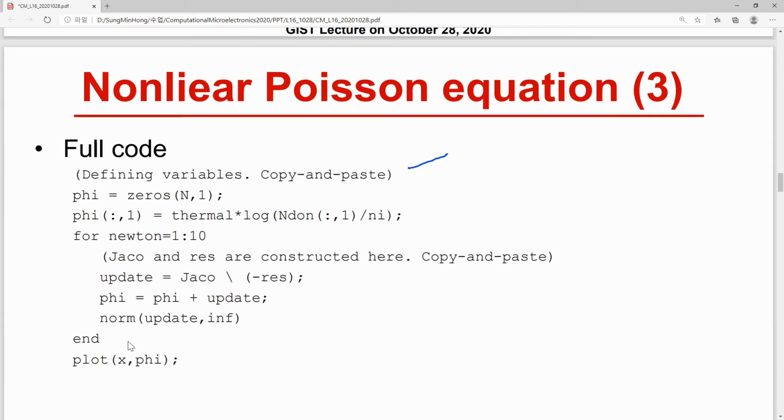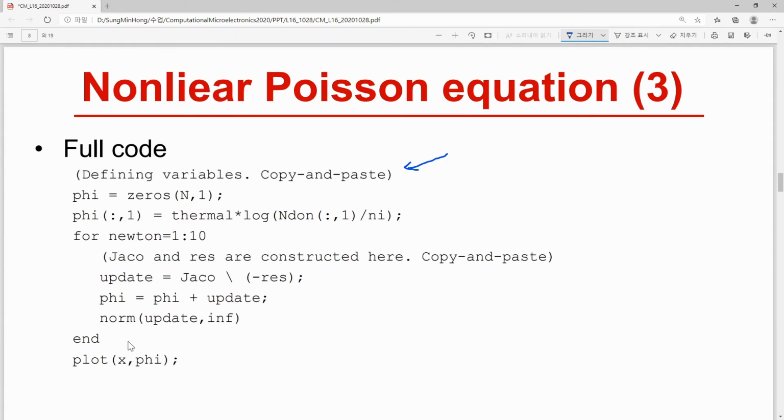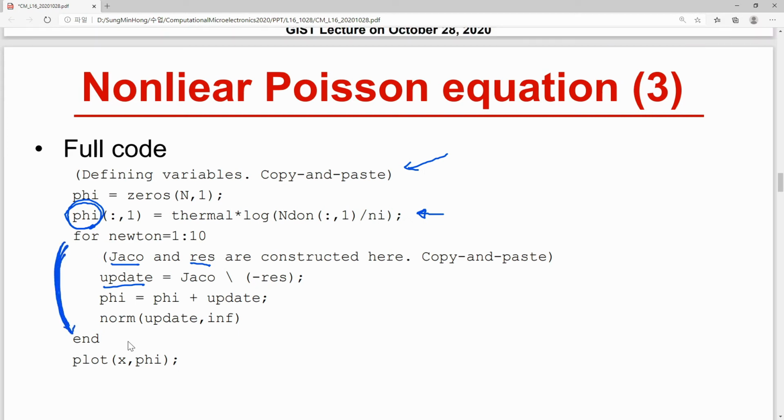Now you can get the full code. First, define certain variables, and define your electrostatic potential by using the local equilibrium condition. After that, just construct the Jacobian matrix and residue vector and calculate the update vector. When you repeat this procedure sufficiently long, then you will get the converged solution.